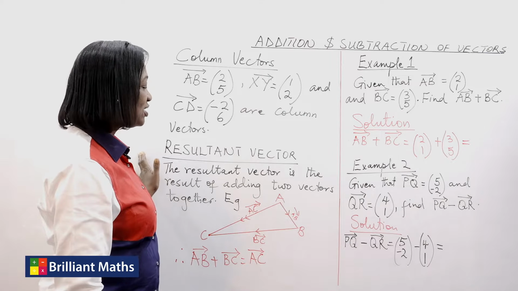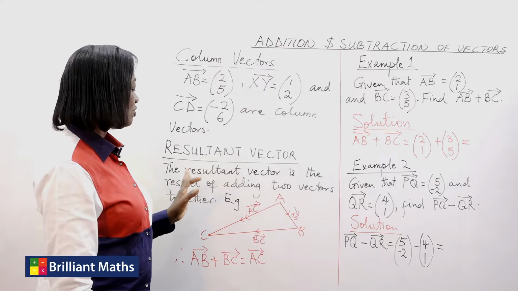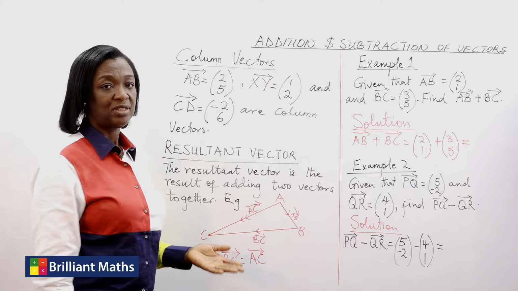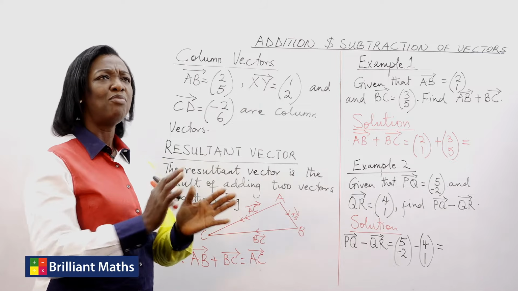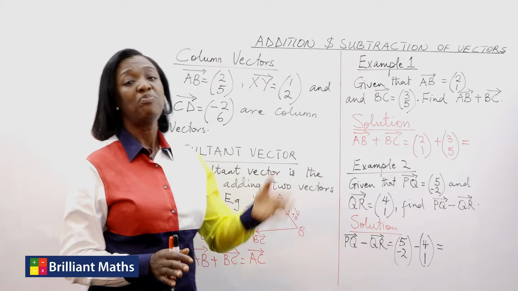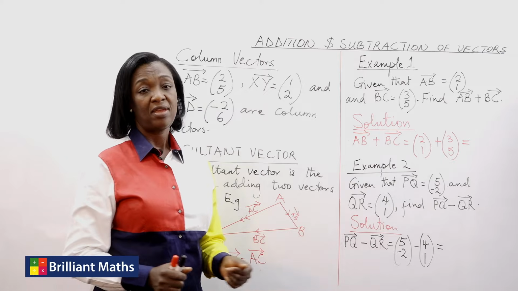Then resultant vector. What is a resultant vector? A resultant vector is the result of adding two vectors together. So assuming a man moves from point A to B, that movement describes vector AB.